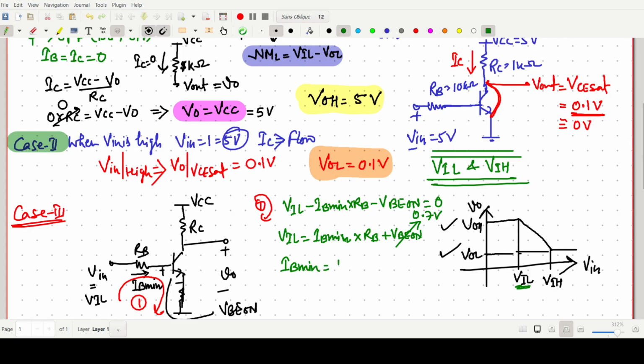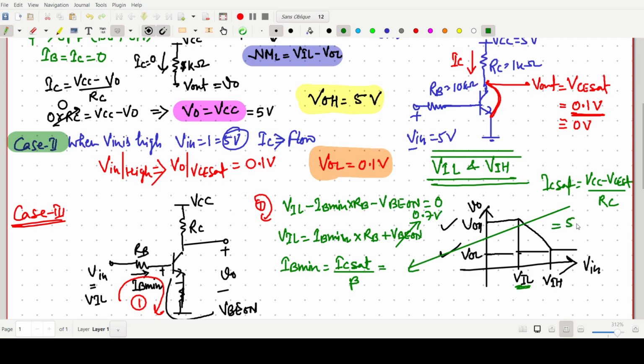So IB minimum is nothing but simply the maximum, or we can say the saturation current, divided by beta. IC equals beta IB. So this IC sat from this one we can say is VCC minus VCE sat by RC. So it will give the value of IC sat.